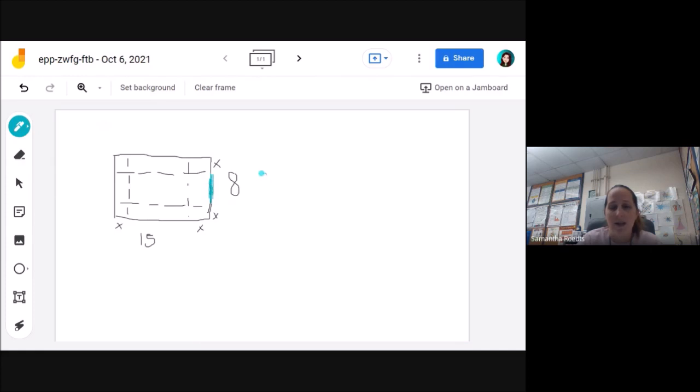So that value is 8 minus 2x. Same with this value here. That value is 15 minus 2x. So that's where I'm getting those from.